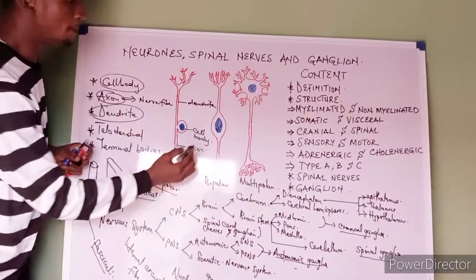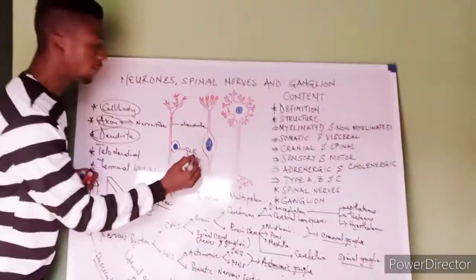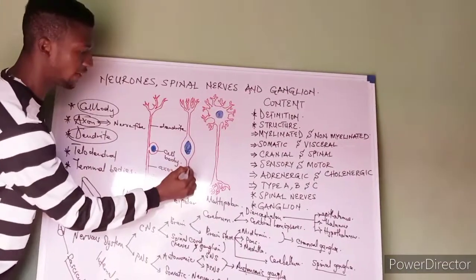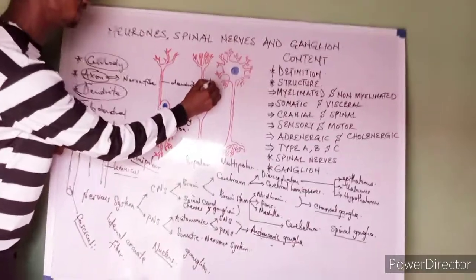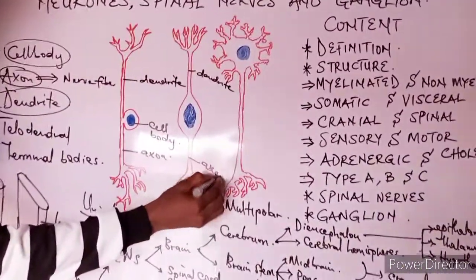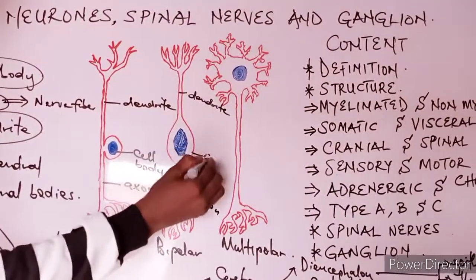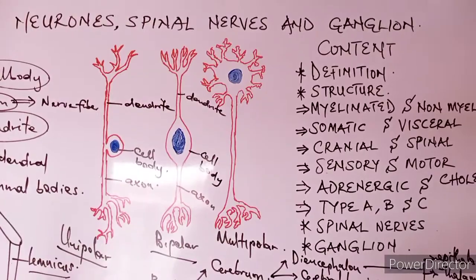Neuron. But in the case where the cell body projects out two different poles, in which one forms the dendrite and the other forms the axon, we call this neuron bipolar.